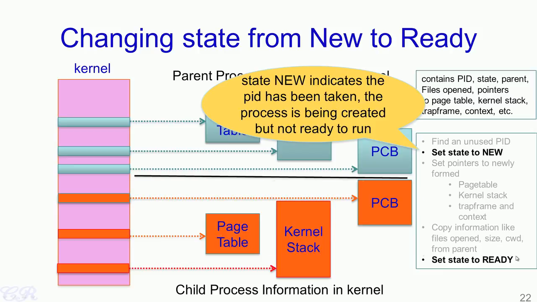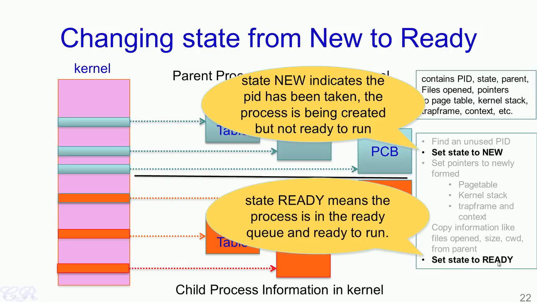On the other hand, when the state is set to ready, it means that the various metadata within the kernel has been initialized and the process can be moved into the ready queue and is ready to be executed.